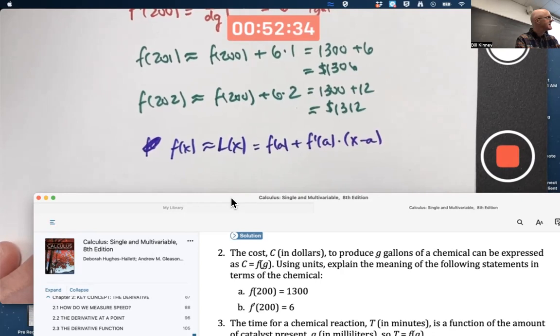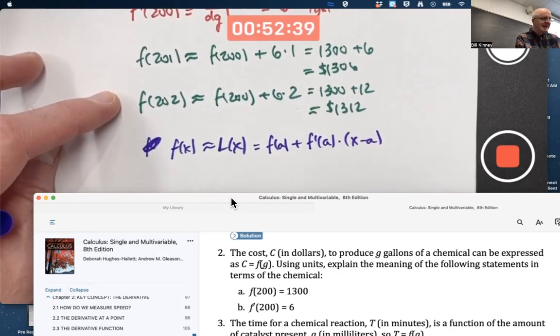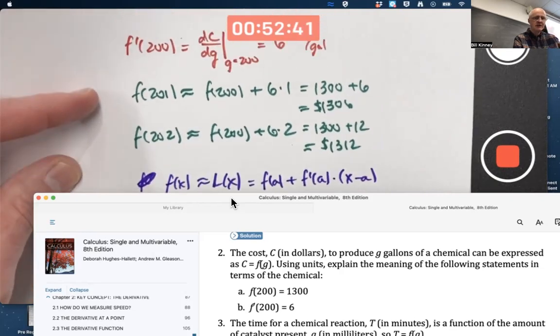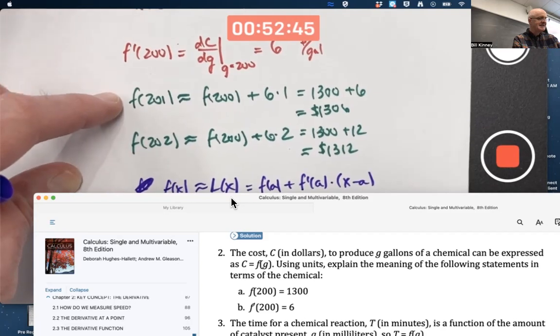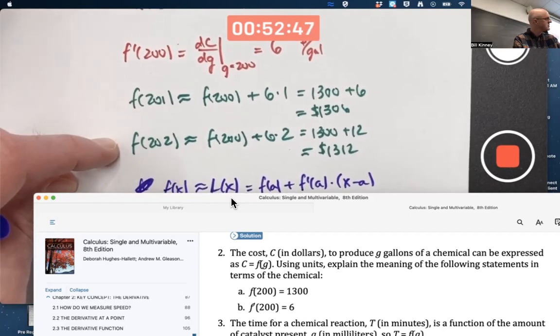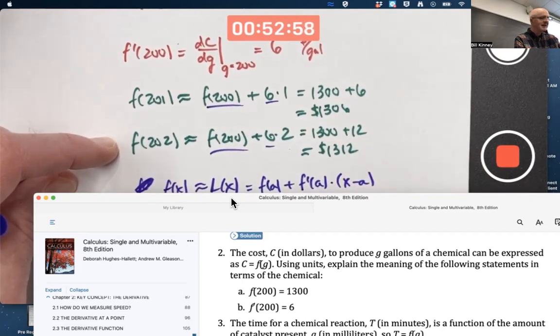We've done that recently. In the context of this problem from chapter 2, a is 200, where we know the derivative value. x here is 201, and here it's 202. I can have different x's. I've got f of a, f of 200. f prime of a in both spots is 6. f prime of 200 is 6.